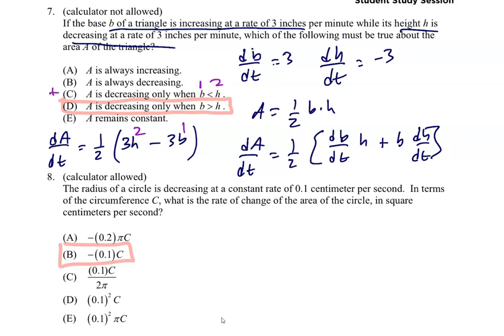Yeah, that would make it positive, and that's not decreasing. So let me switch those around. So instead, let's say B is 2 and H is 1, because that one says B is bigger than H. 2, 1. Then it would be 3 minus 6, and it would be decreasing. Does that make sense? Yeah. So it's kind of a thinking question. I like that a little bit.